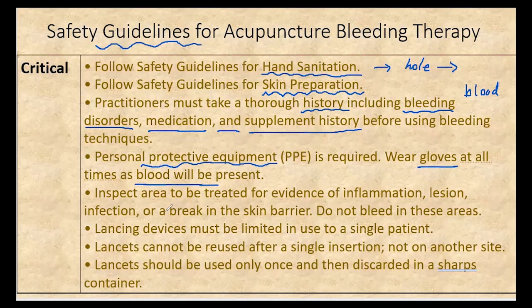And then we look at the local area. If the local area has some inflammation, some injuries, or some broken skin area, we do not bleed directly in that area.